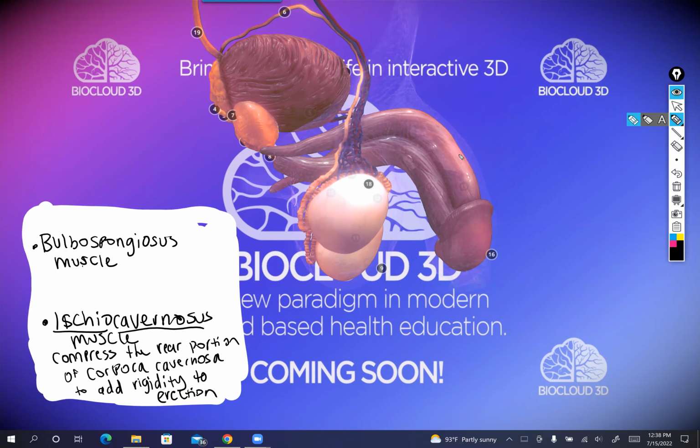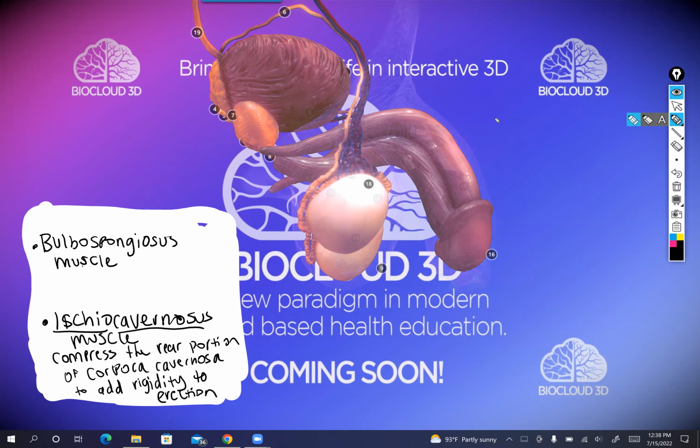So basically, if these fill with blood during a penile erection, and we want to make it even more turgid to achieve intromission, squeezing the back half of it so all the blood has to move forward is going to really help with that goal. So that's what that does.